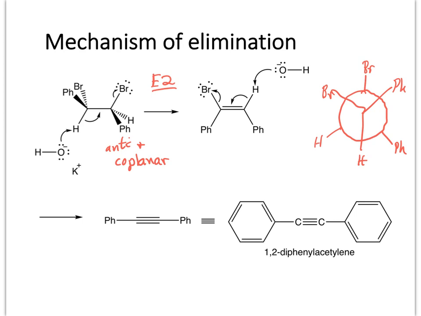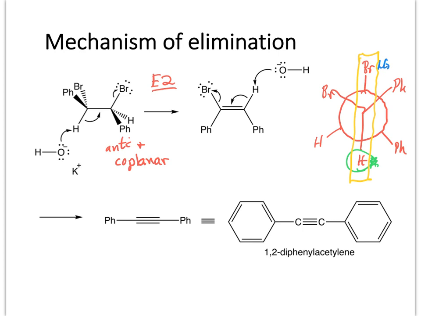And so we end up with our leaving group and our acidic hydrogen in the same line. They are planar to each other and they are anti to each other. And so that is the optimum geometry for an E2 reaction.